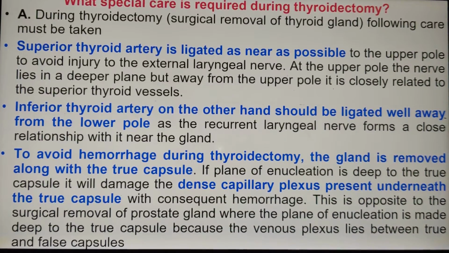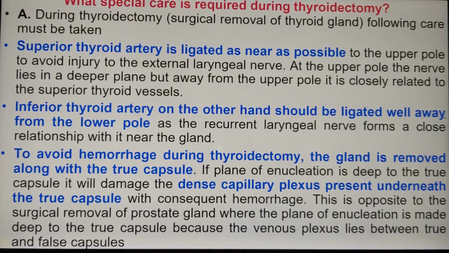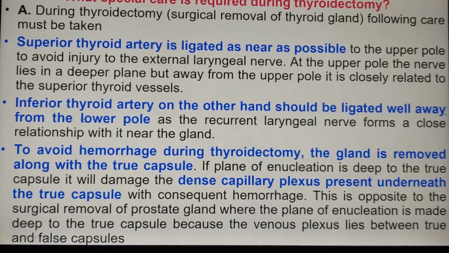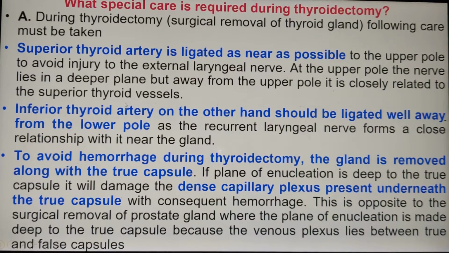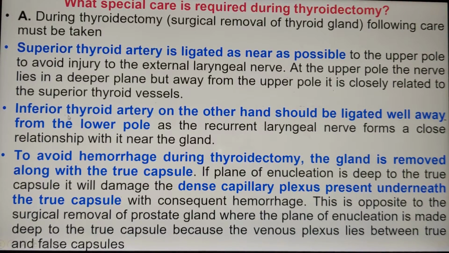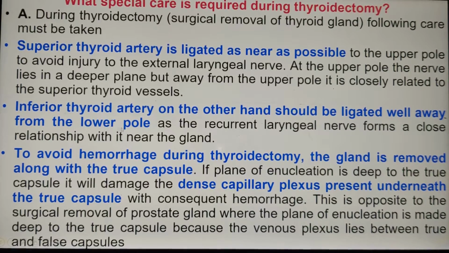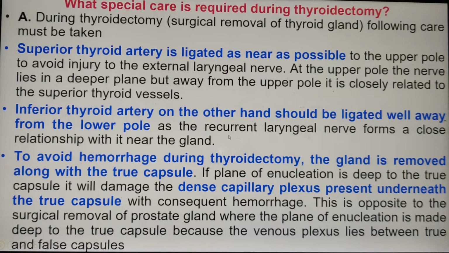In contrast, the inferior thyroid artery is ligated away from the gland, because near the gland, at the lower pole, it lies along with the recurrent laryngeal nerve, and the two are near to each other.